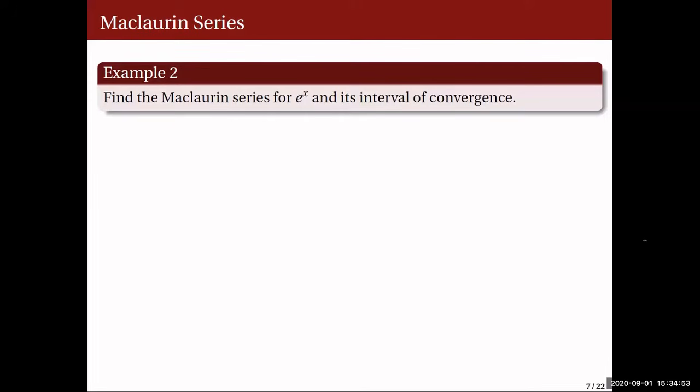Let's have another example. This time, let us find the Maclaurin series for the exponential of x and its interval of convergence. For the solution, let f of x be the given expression e to the x. Note that the derivative of e to the x is e to the x itself. Then for any natural number n, the nth order derivative of f equals e to the x.